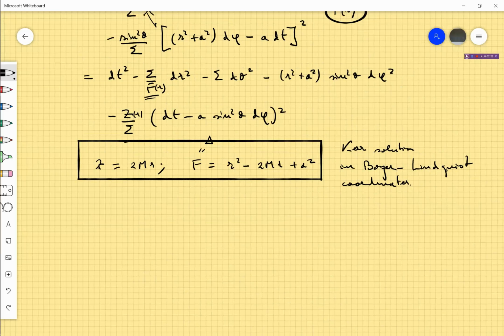Remember that in the Schwarzschild case, if you consider a spherically symmetric star, the exterior is automatically given by the Schwarzschild metric. Here, this is not the case. In principle, there may be many different metrics for rotating objects, which may depend on the different momenta of the mass distribution of this star.